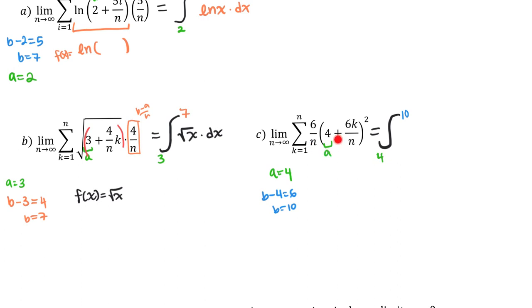Then I have a plus b minus a, 6 over n times k. And then what am I doing to it? I'm taking the whole quantity and I'm squaring it. So my function is going to be x squared, which is kind of like the height, dx, which is the width of the rectangle, infinitesimally small.